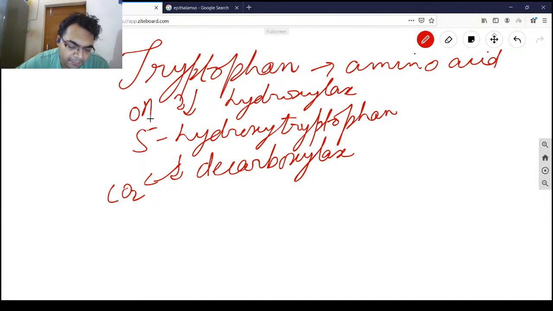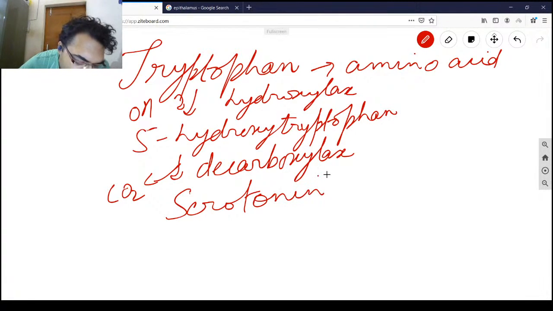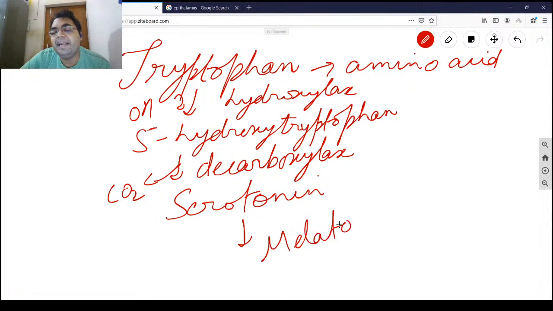Now 5-hydroxytryptophan will become serotonin, or 5-hydroxytryptamine. Later on, the serotonin will be converted via other reactions, and then you will get melatonin.